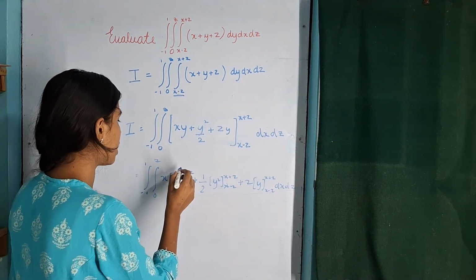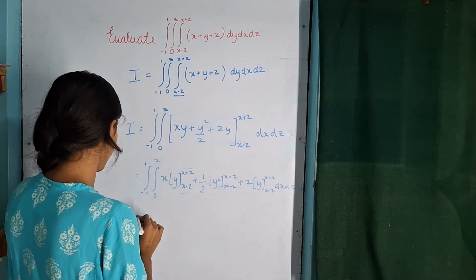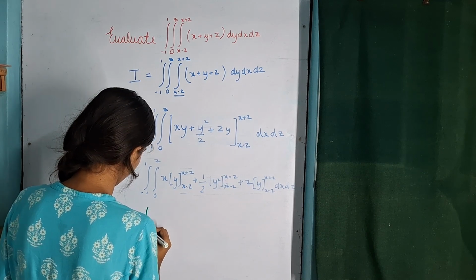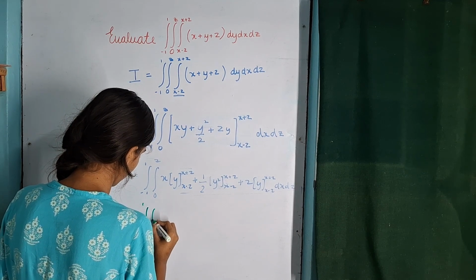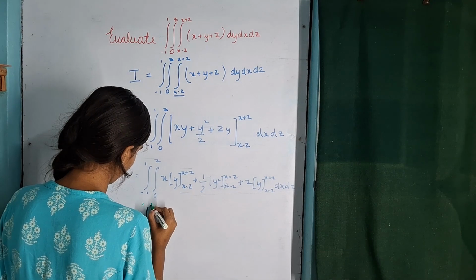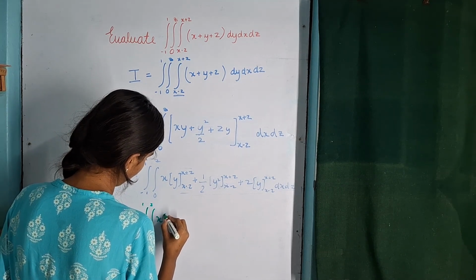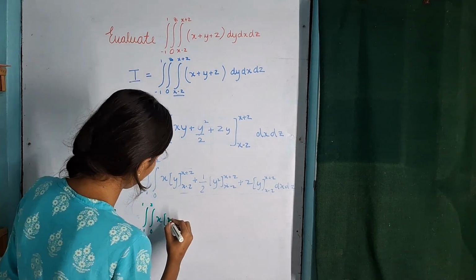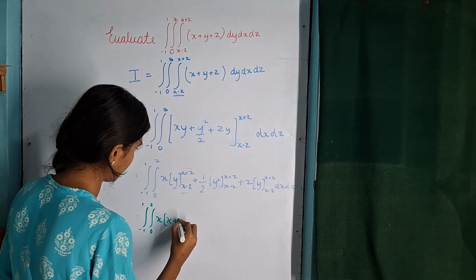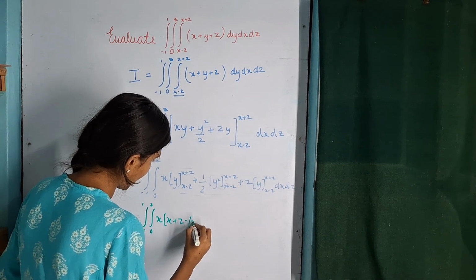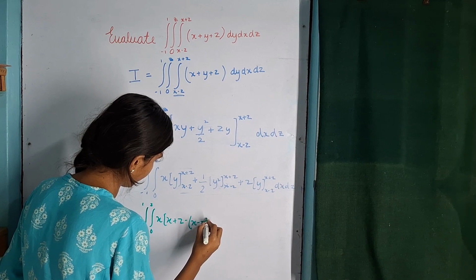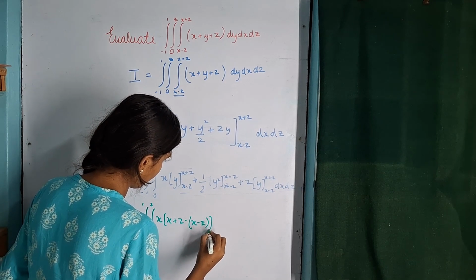Now we will substitute the upper limit minus the lower limit. What does it become? x plus z minus the bracket x minus z. Complete the bracket.